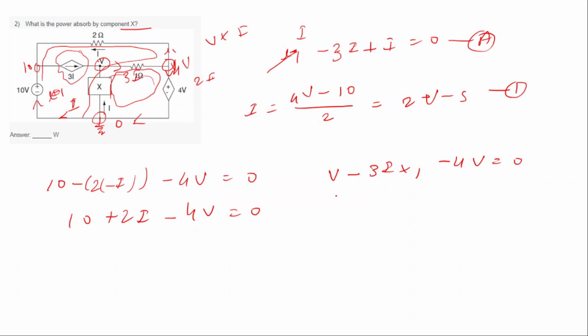So this becomes minus 3I plus 4V minus 3V equals 0. So I equals V.